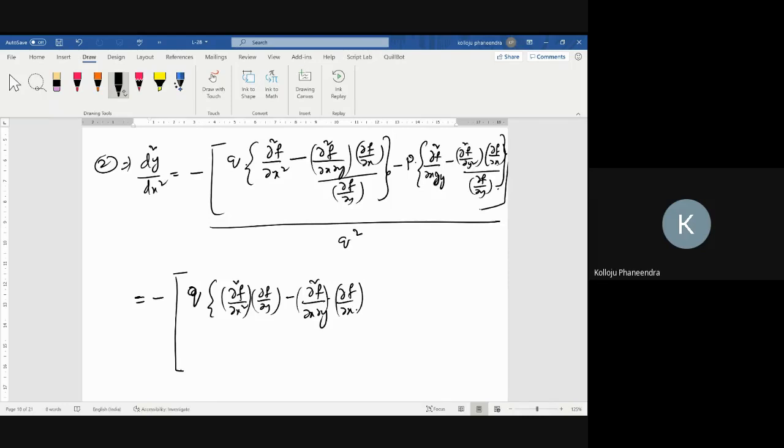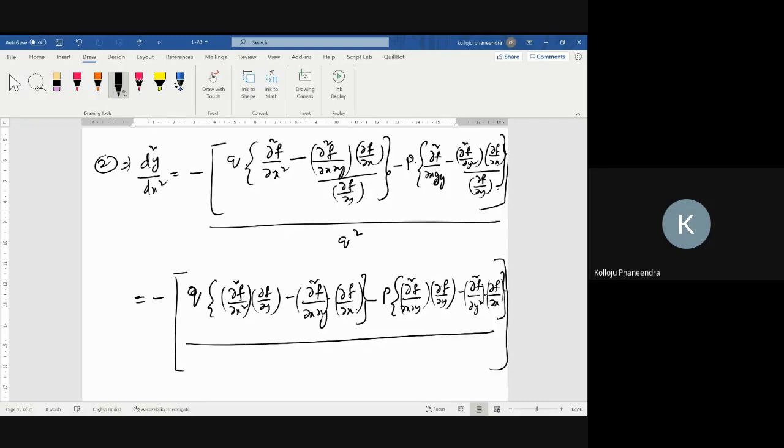Minus here also p into, the flower bracket closed, LCM: ∂²f/∂x∂y multiplied by ∂f/∂y minus ∂²f/∂y² into ∂f/∂x into ∂f/∂x. This is one bracket, another bracket, flower bracket closed, and the whole bracket by ∂f/∂y taken LCM into q square.